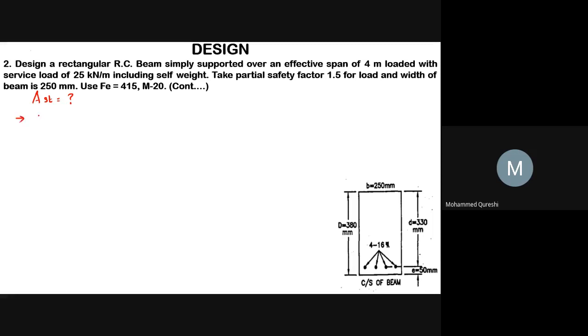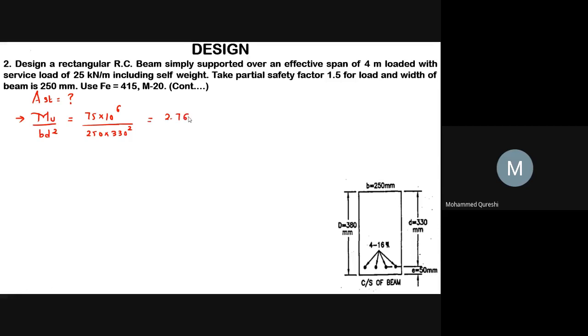Now, we know that Mu by BD square equals to value of Mu is 75 into 10 raised to 6 upon value of B is 250 and value of D we had calculated earlier as 330. So Mu by BD square equals to 2.76.